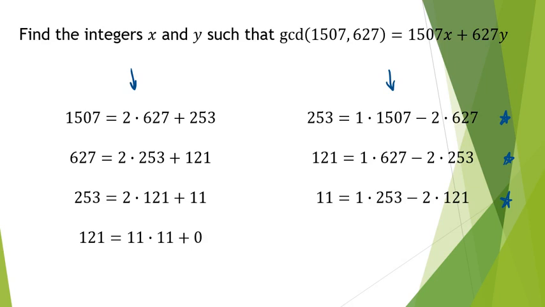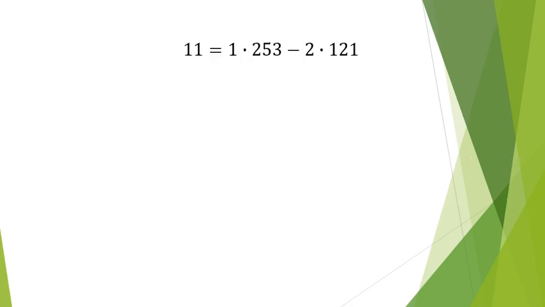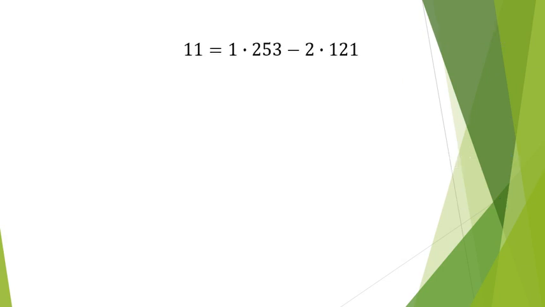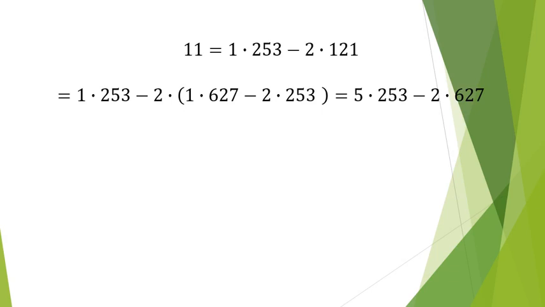You always start with the bottommost row that we have in this right-hand column. So 11 is 1 times 253 minus 2 times 121. I have 121 in terms of 253 and 627. So I'm going to make that substitution to give us this left-hand side here of the second line.